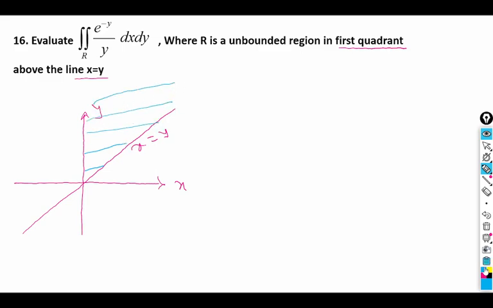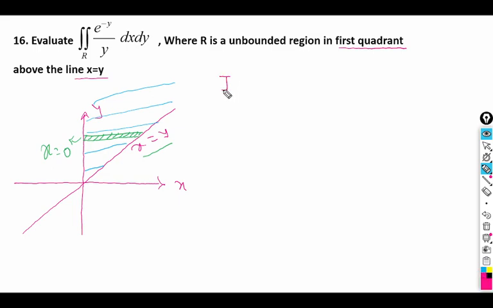In this region, we are interested to take the order dx dy now. For the order dx dy, we prefer the horizontal strip. Whenever we take a horizontal strip, the order is dx dy. Just see, the left hand touches which curve? The left hand touches the y-axis, which is x equal to 0, and the right hand touches x equal to y. So that gives us the limits of x in the double integral.